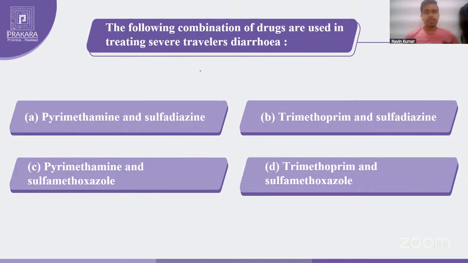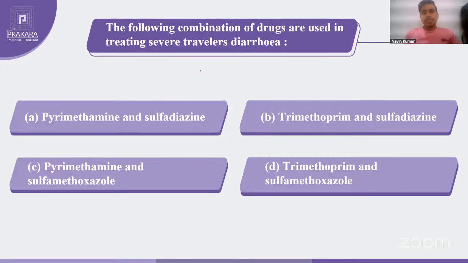Basically, traveler's diarrhea is a case of diarrhea where a person suffers from diarrhea due to traveling. Imagine a condition where you are going to travel to an African country, and you become a patient of diarrhea. This kind of diarrhea is known as traveler's diarrhea. For it, we need to remember a few basic concepts.